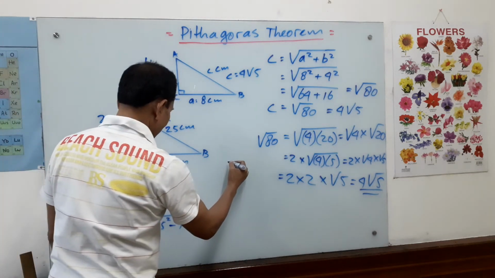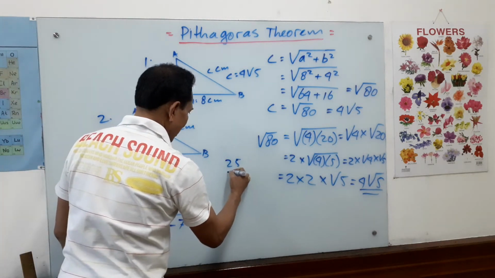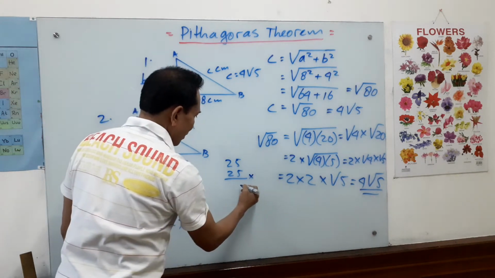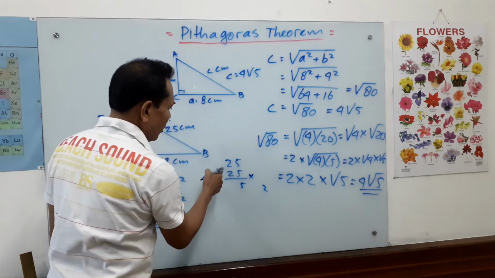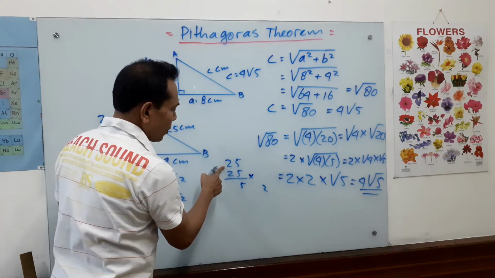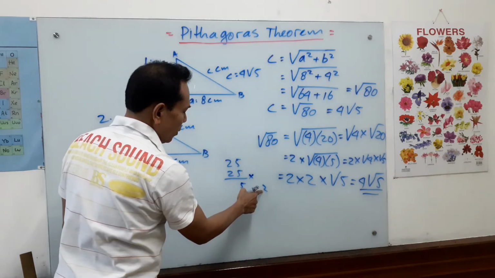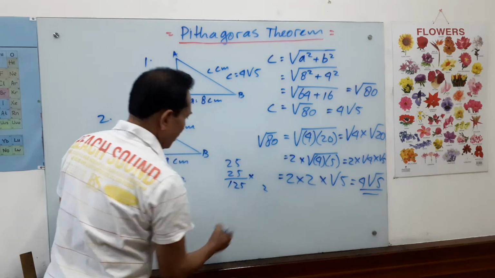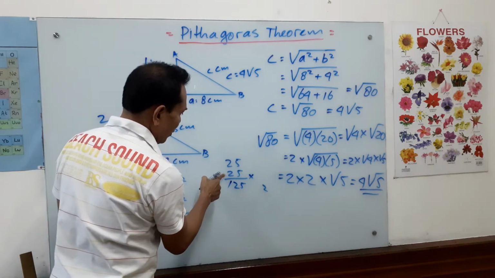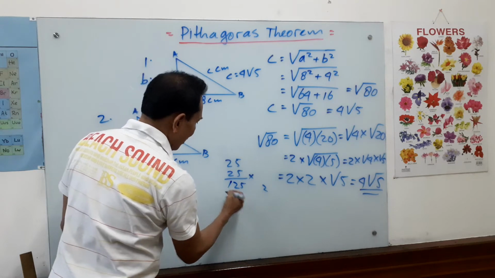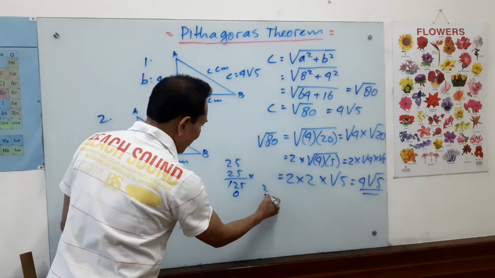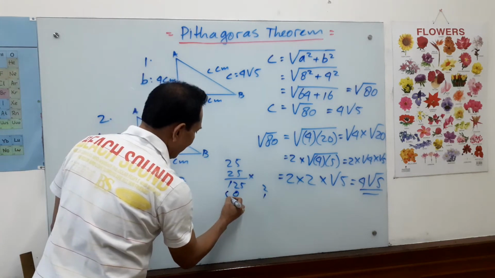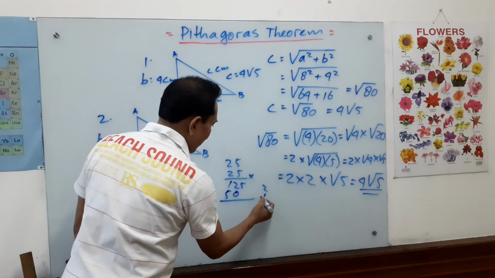Now we want to work this out. 5 times 5 is 25. Then 5 times 2 is 10, 10 plus 2 is 12. Then 2 times 5 is 10, 1 here. 2 times 2 is 4, 4 plus 1 is 5. Now we add this.